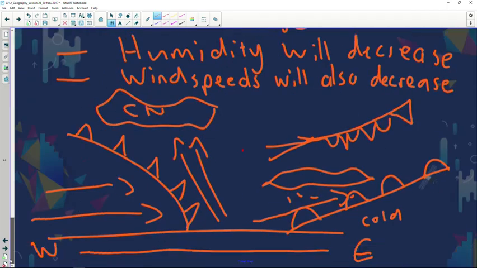Right, so that answers basically a mid-latitude cyclone that we find in the northern hemisphere. Pay special attention to the circulation of air. Now keep in mind it's different what happens in the northern hemisphere to the southern hemisphere.